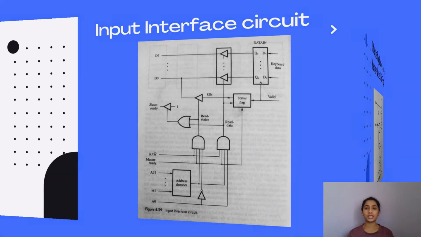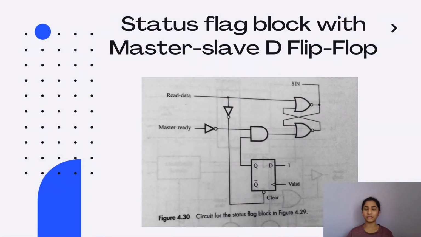And this is the circuit diagram of what is present inside the status flag, because this is exactly where we make use of our positive edge triggered master slave D flip-flop. As shown in the diagram, whenever valid is high, that is, whenever valid is 1, telling the interface that valid information was passed from the keyboard, that is when my master slave D flip-flop will be set to 1.